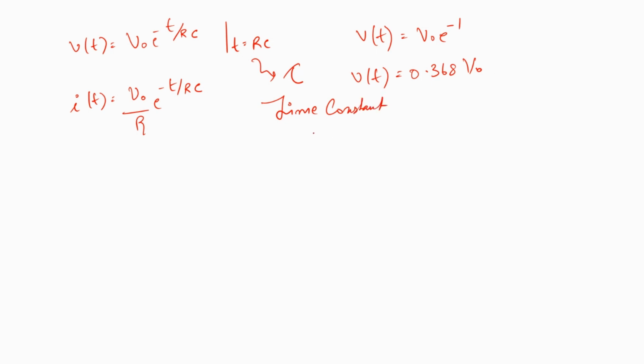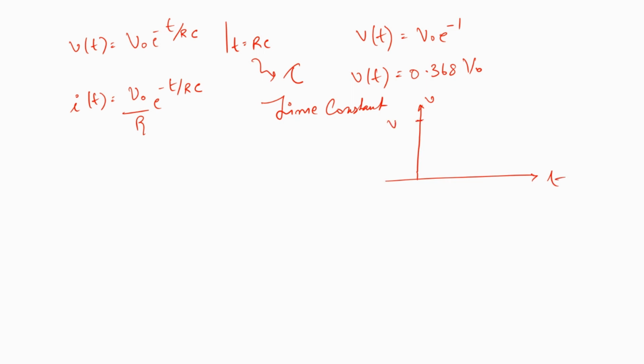So that is defined as the time taken for the voltage to reach 36% of its maximum value from the maximum value, right? So if I plot a graph, say this is V and this is the time.